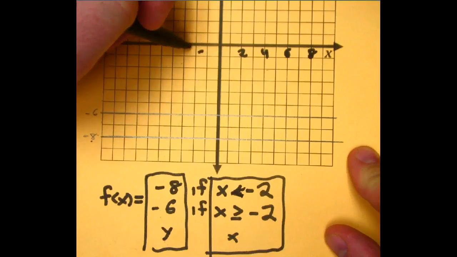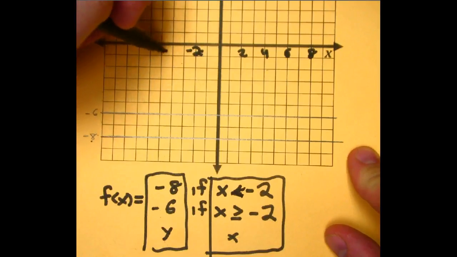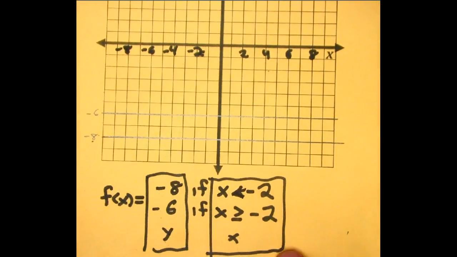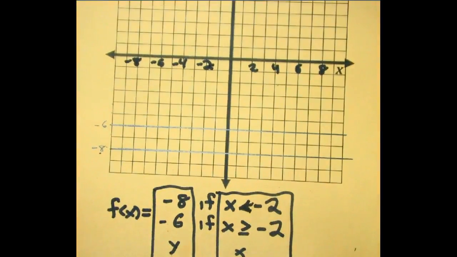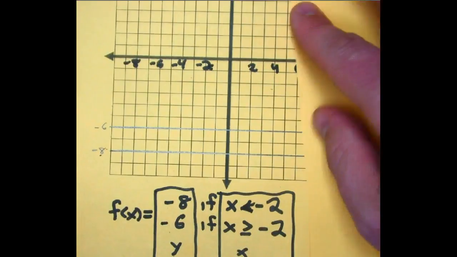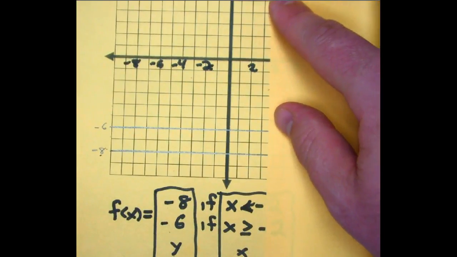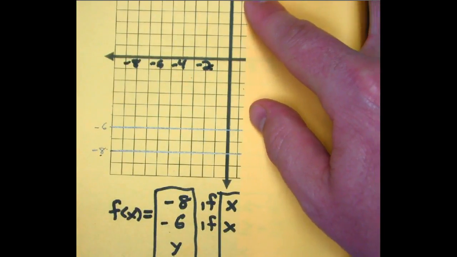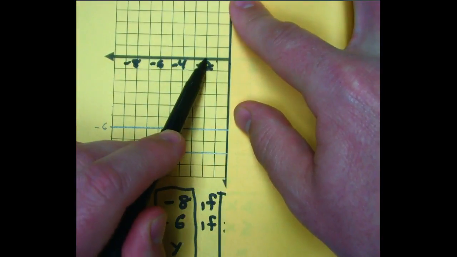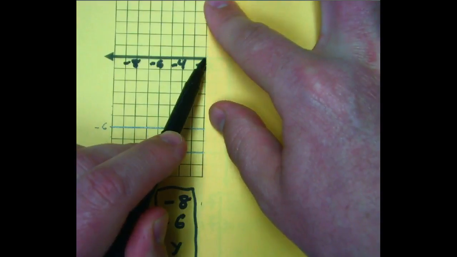This will be -2, -4, -6, and -8. Okay, so for a less than, I'm going to have you fold this over to x equals -2. So this is at 4, 3, 2, 1. This is 0, 1, -1, and then -2.